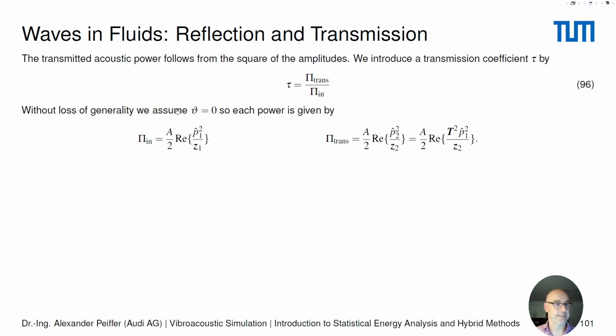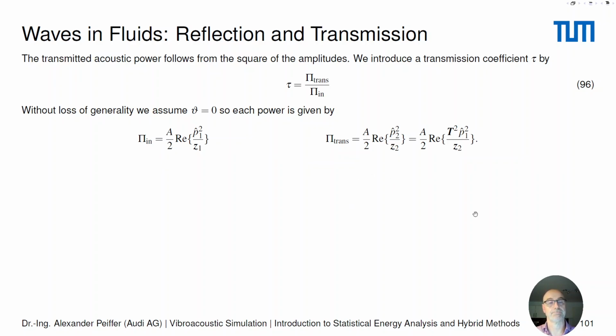To keep things simple, we just stay with an orthogonal approach, so theta is assumed to be 0. The incoming wave intensity is given by this equation, which we have learned in the earlier sessions of this lecture, and the transmitted power is given by this expression here.